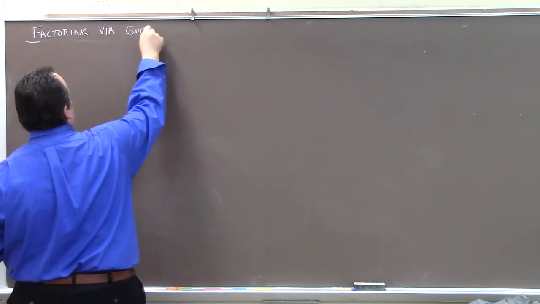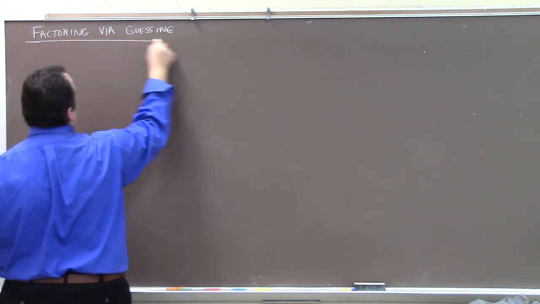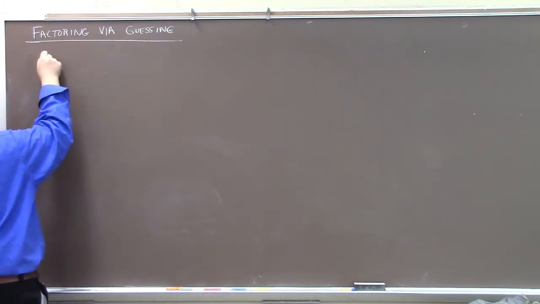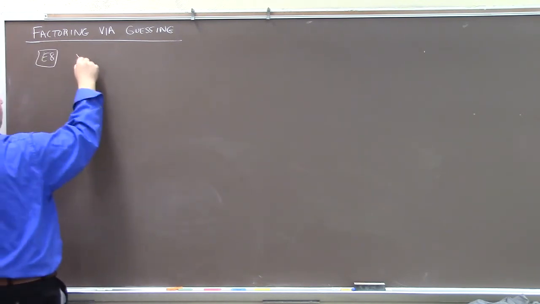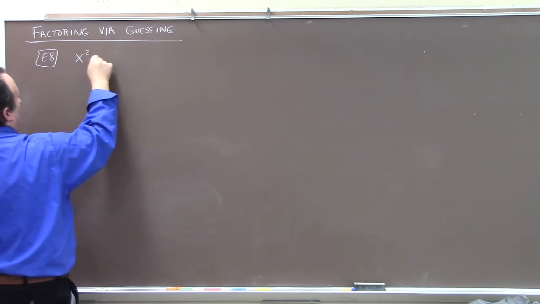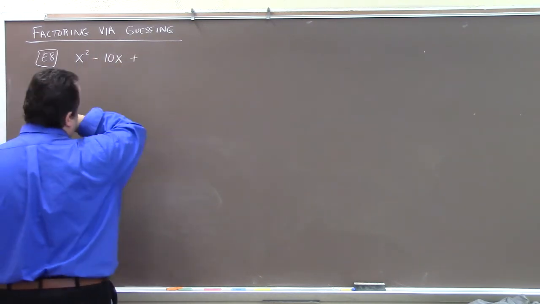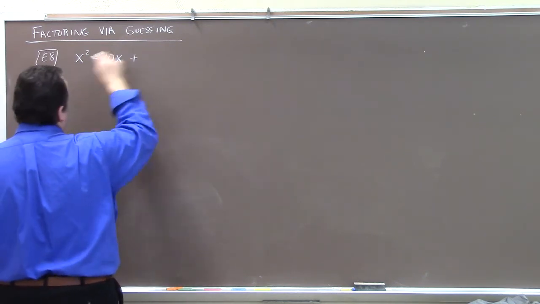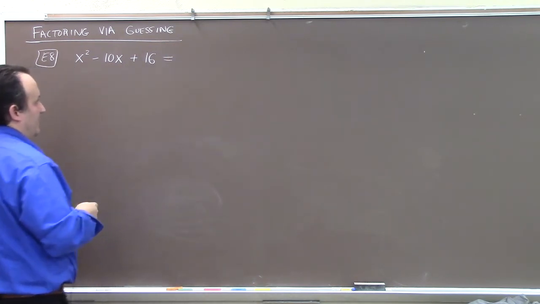To be more accurate, it's educated guessing, but it's essentially guessing. So this is example 8. Here we go: x squared minus 10x plus 16. Factor that.